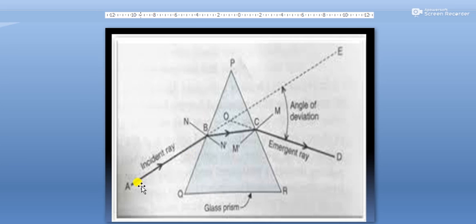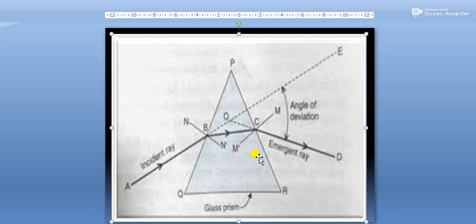Here you can see the incident ray is entering from air into glass, so it will bend towards the normal. This is normal NN dash, so it will bend towards the normal, that is BN dash. So it has bent slightly like this, and it is going along the direction BC.